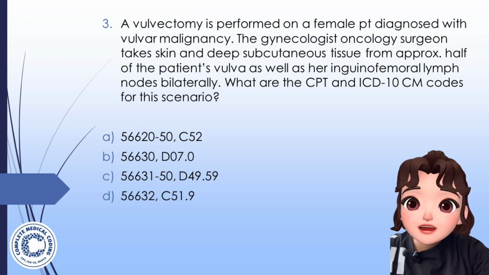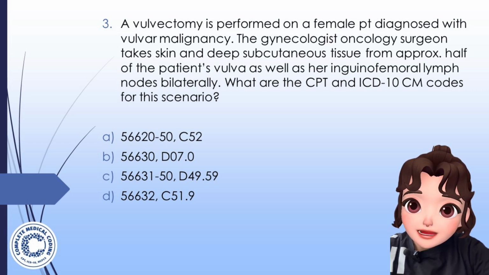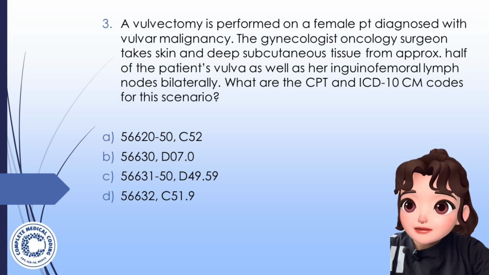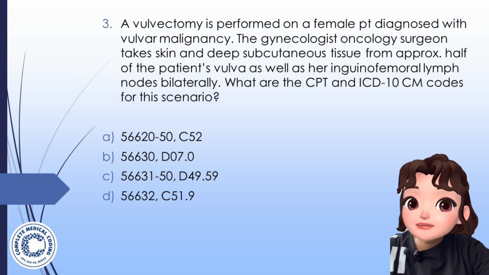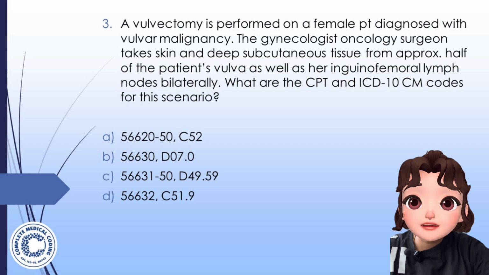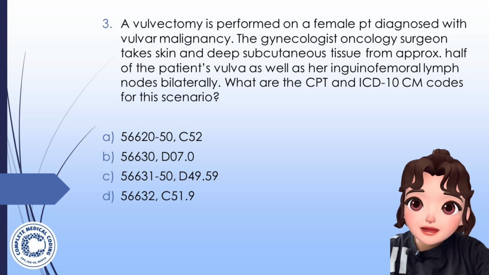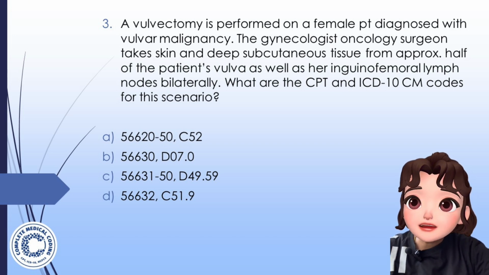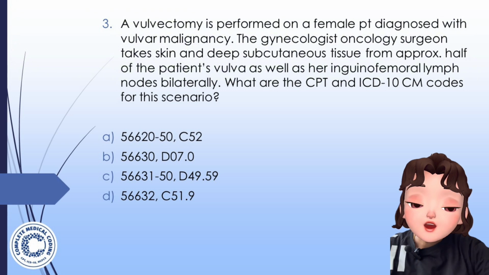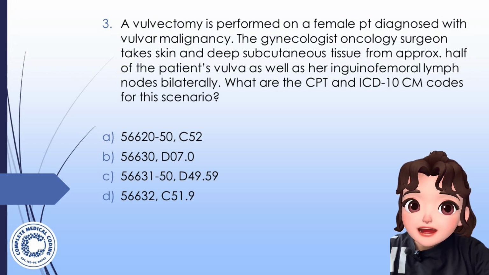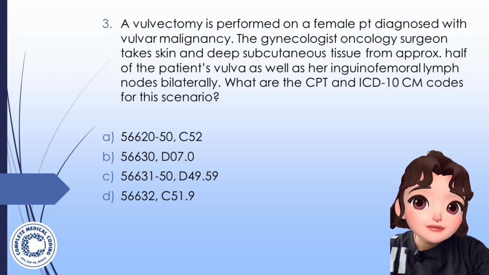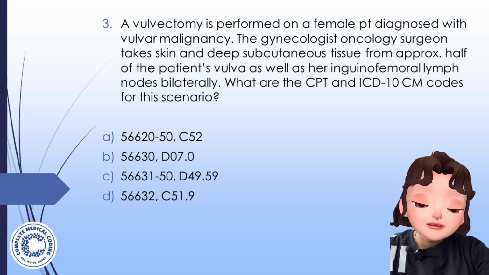C51.9 represents malignant neoplasm of vulva. Yes, that is our diagnosis, right? It's already mentioned in the first sentence: a vulvectomy is performed on a female patient diagnosed with vulvar malignancy. That means malignant neoplasm of vulva. So we got the correct answer, right?